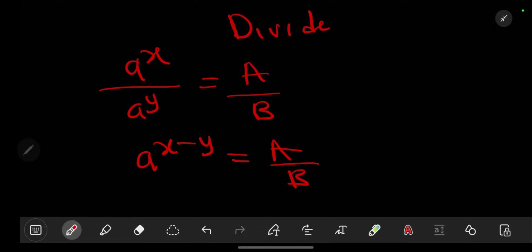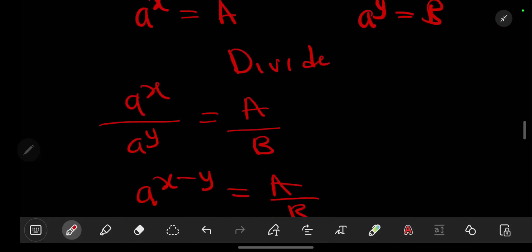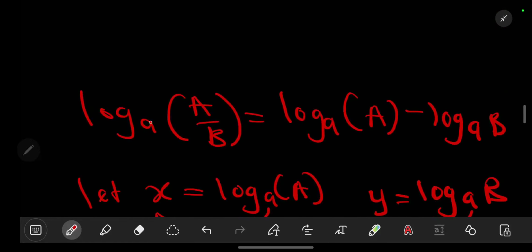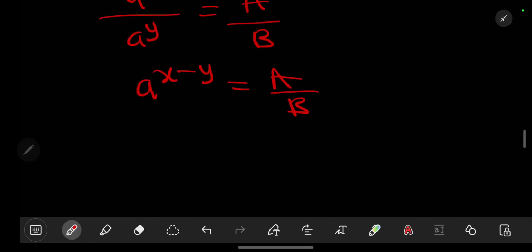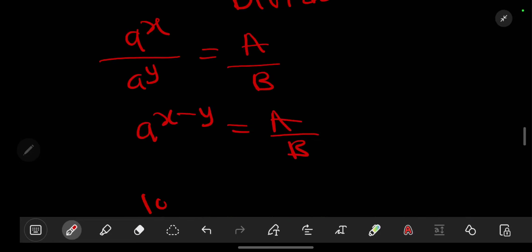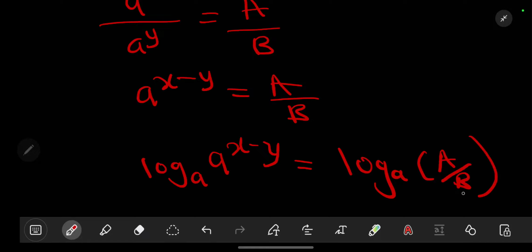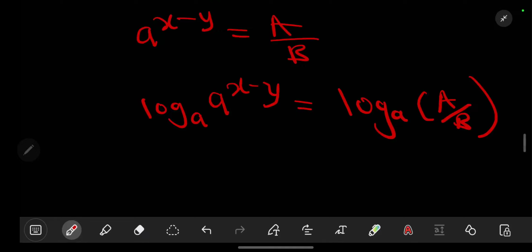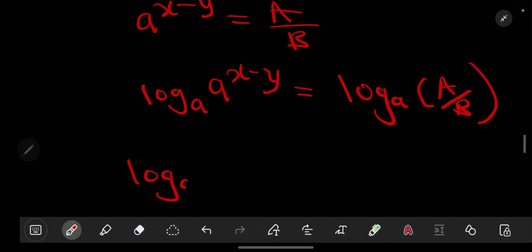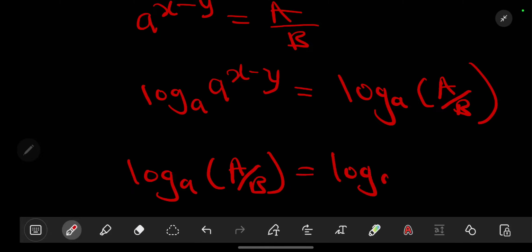So this is what we have. Then from there, we are going to introduce the log of a on both sides. So we have the log of a, we want to cancel it, then we have this should be equal to the log of a over b. So remember, this is the first part, so we can just interchange, which is still the same. Log of a over b should be equal to the log of a to the power x minus y.